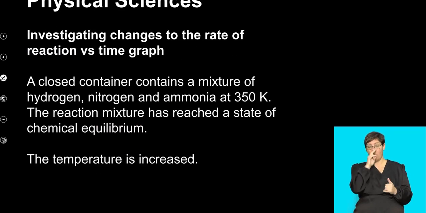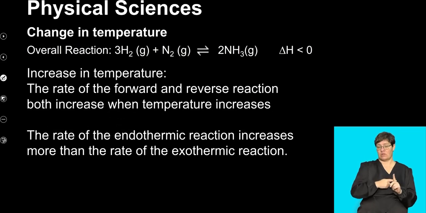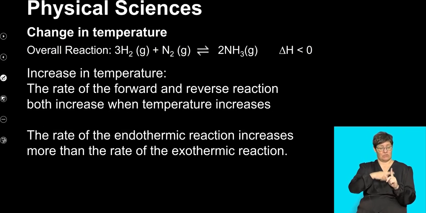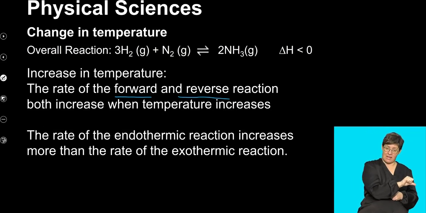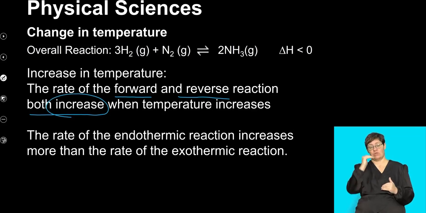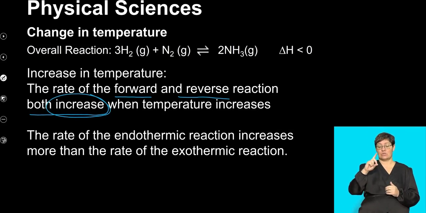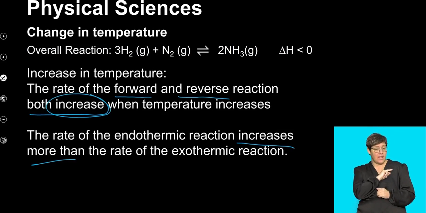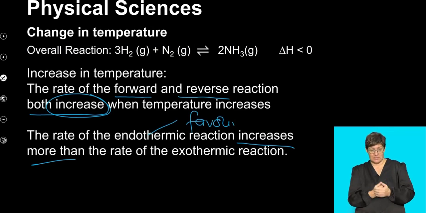Right, now we want to look at the increase in temperature. We are now increasing the temperature to, let's say, 400 Kelvin. With an increase in temperature, the rate of the forward and the reverse reaction will both increase initially. The rate of the endothermic reaction will increase more, because it's your endothermic reaction that's being favored.